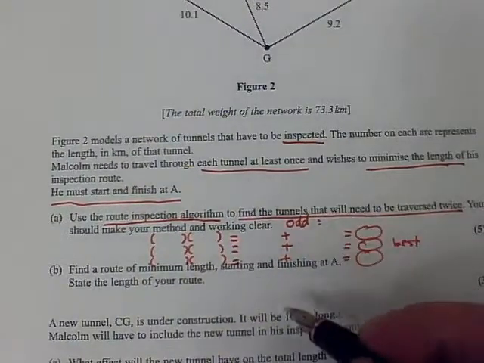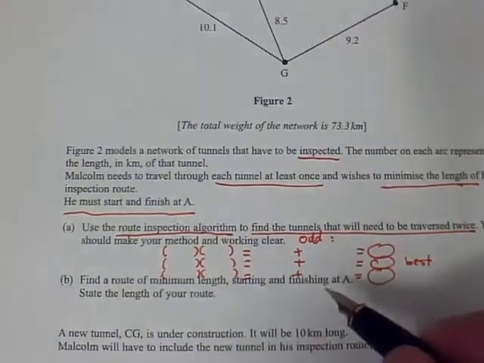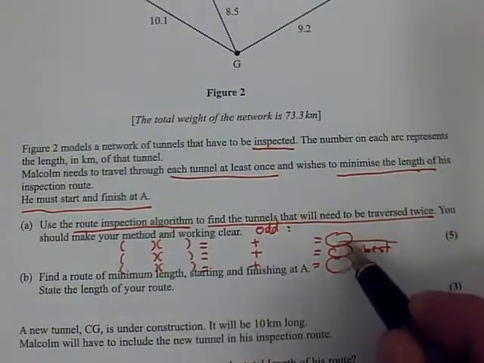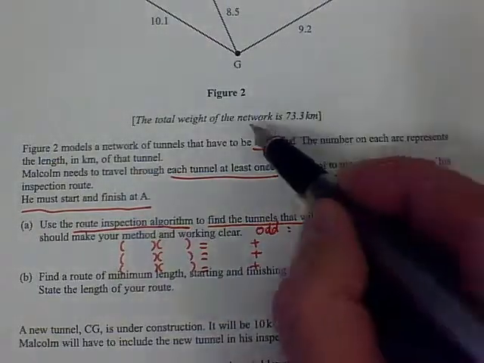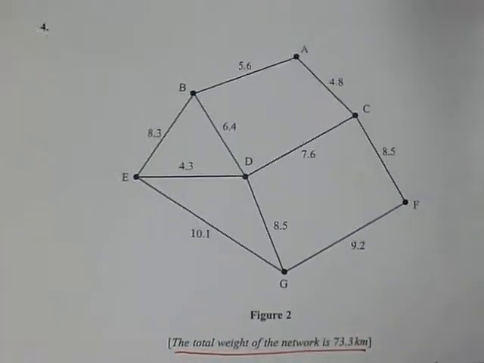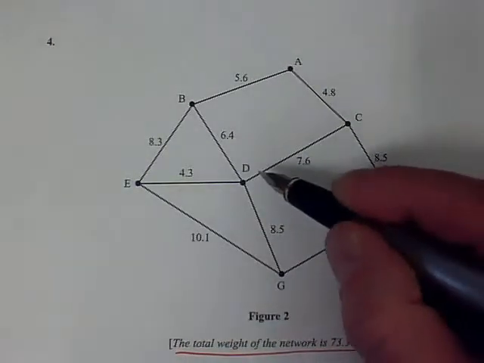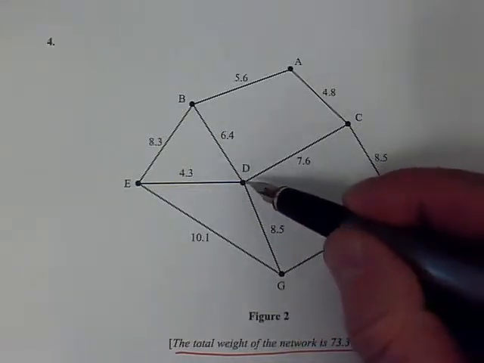And in part B, we've got to get a route of minimum length starting and finishing at A and state the length of your route. The length of the route, you can take your repeated bits and add it on to the total length of the tunnels, which they are normally kind enough to tell you. But for the route, what you have to do is actually, on your diagram, draw on a doubled edge, an extra edge between anything you're going to repeat.